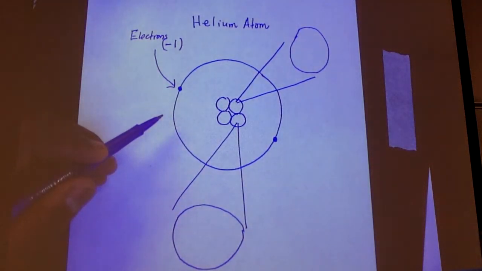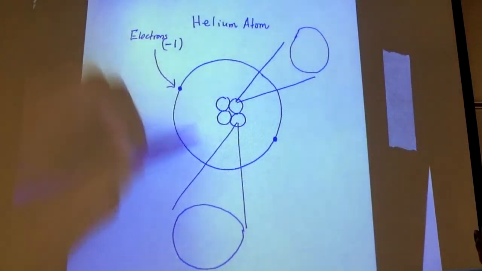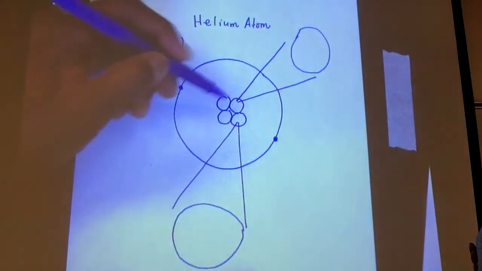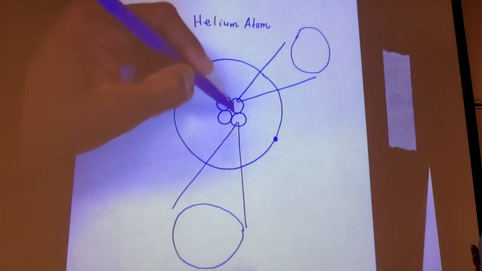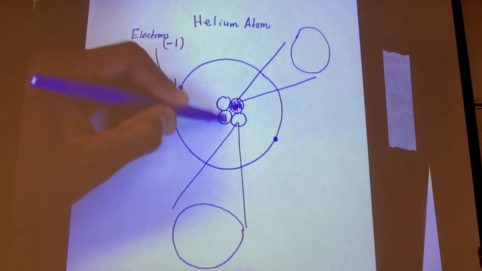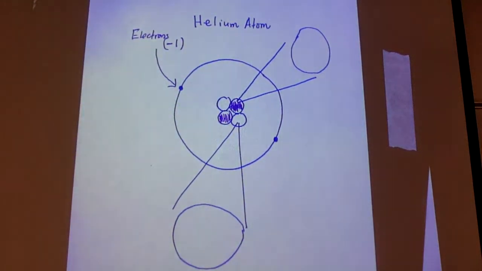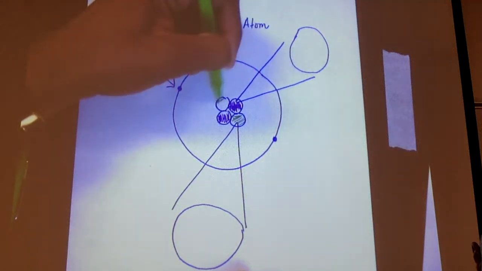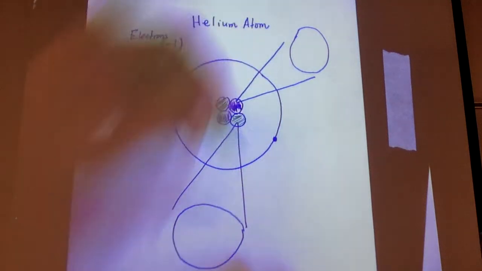All right? So inside of the nucleus, we have protons and neutrons. So I'm going to call these two protons. And then these two are neutrons.